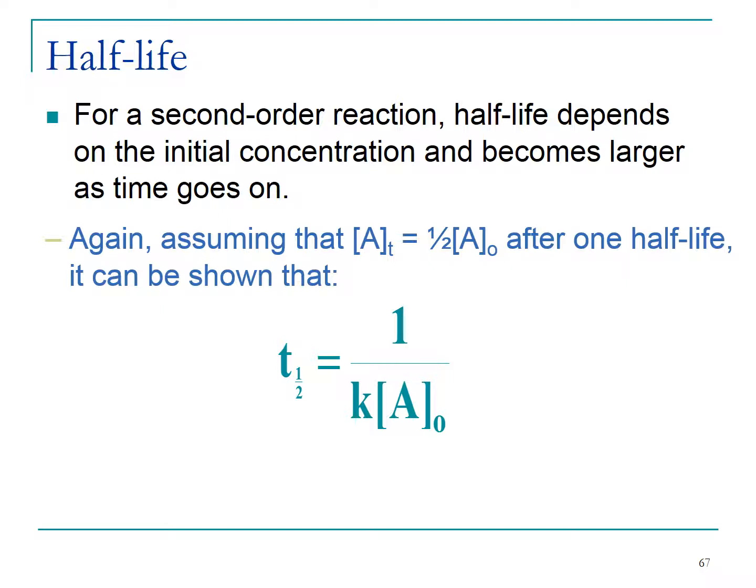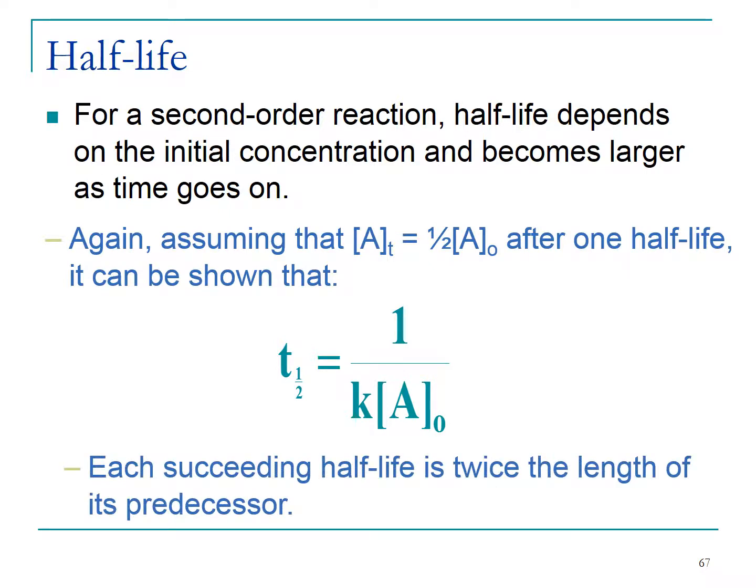So t1/2 just equals 1 over k times the initial concentration. What you'll see is that each succeeding half-life is twice the length of its predecessor. Because [A]0 becomes half, you're dividing by a half, so the time will become twice as long.